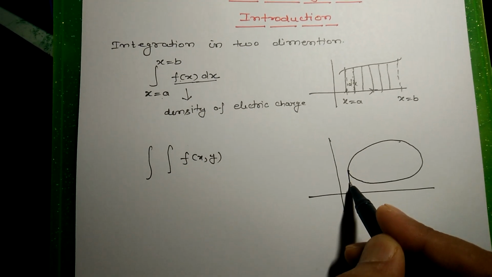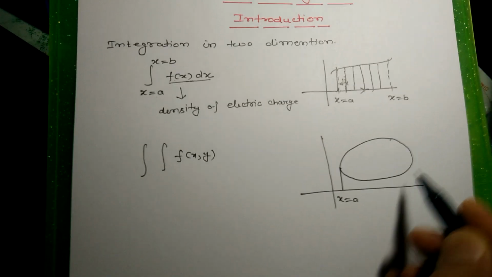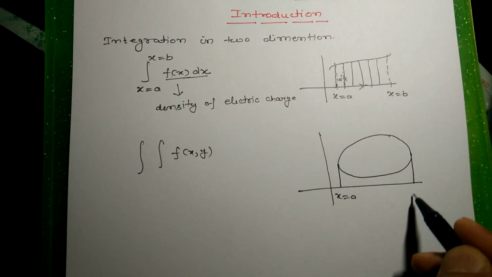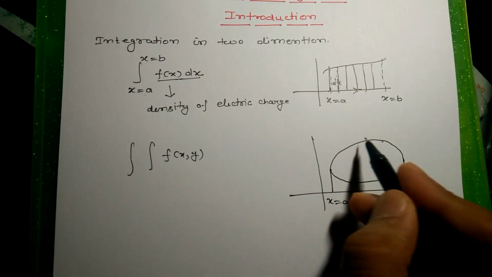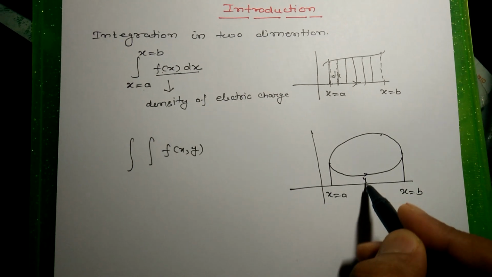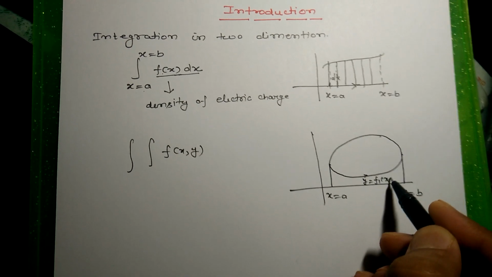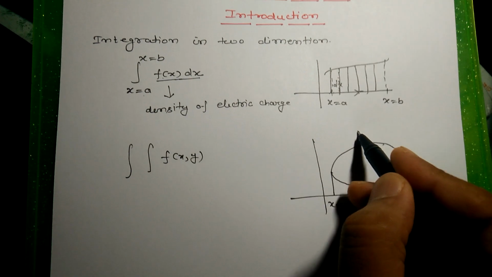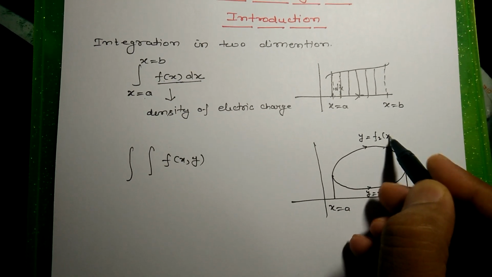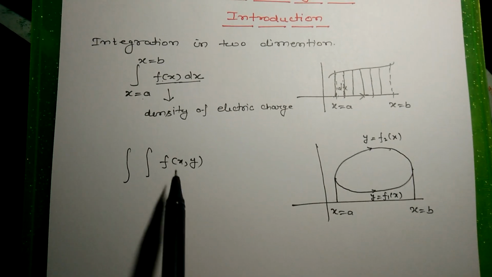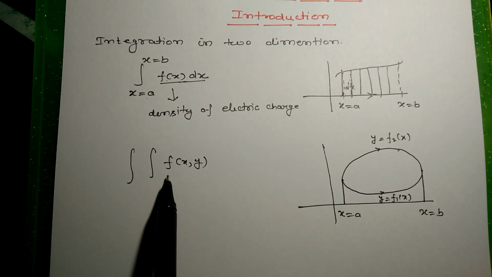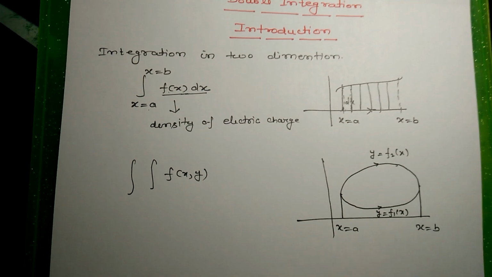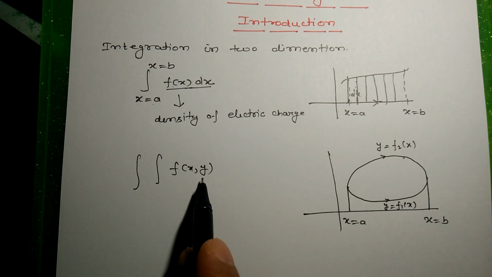Suppose this particular point is x is equal to a, this point is x is equal to b. This curve is y is equal to f1(x). This curve is y is equal to f2(x). Now, if I want to find out how much total electric charge is present on this plate, f(x,y) represents density.